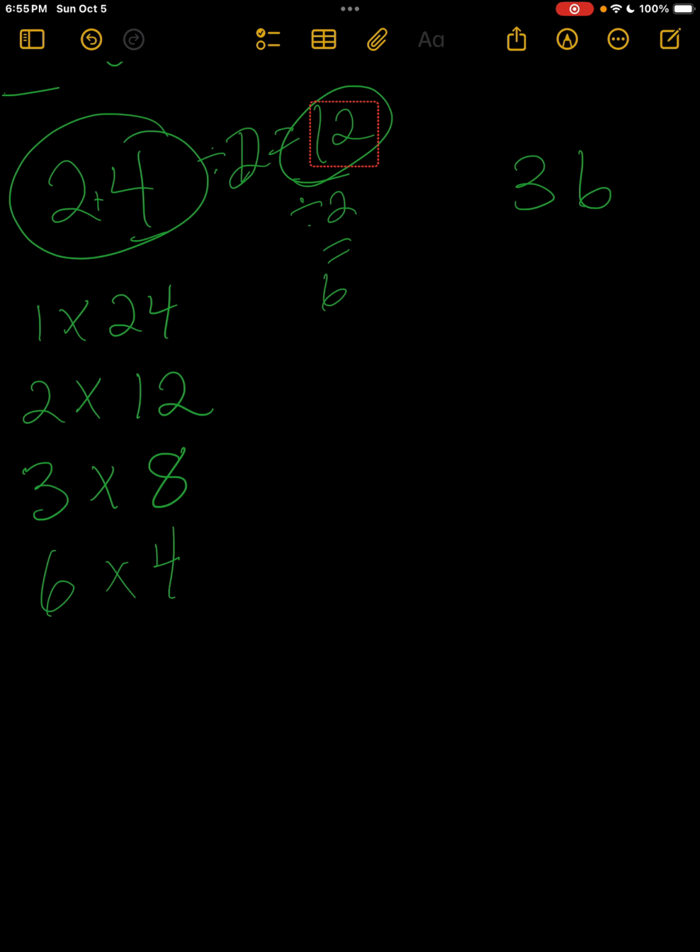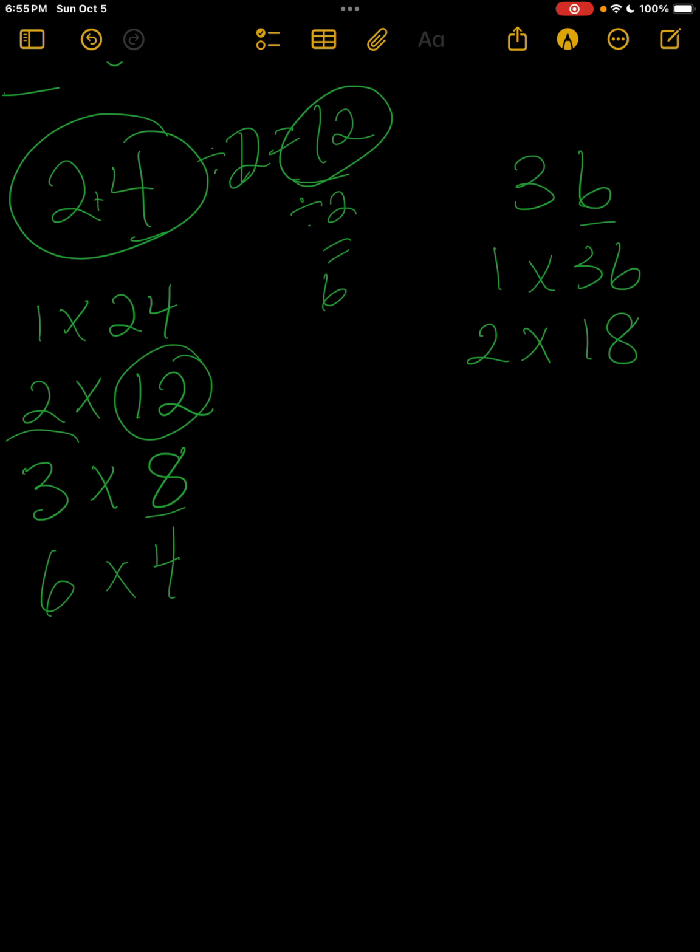So 6 and 4 are factors, and then we already know 8, so we don't have to write it again. It's not a multiple of 7. So those are going to be all of the factors of 24. Oh, well, and 12, but we already put 2 and 12. For 36, we're going to do 1 times 36. It's even, so it's divisible by 2, and that would be 18.